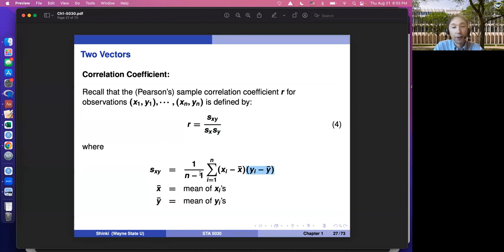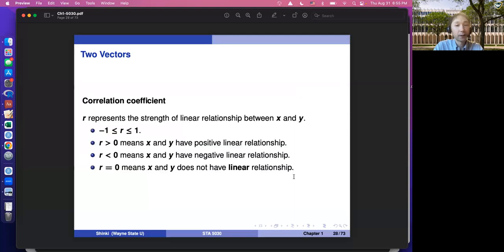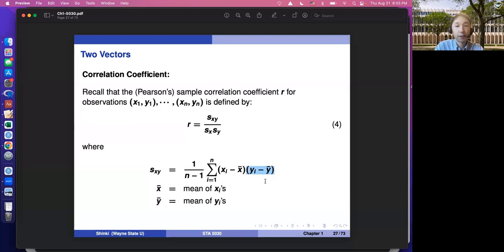That is the covariance. The reason the sample variance is a sum of squares is that we can generalize this into the concept of covariance. Here x bar is the mean of x and y bar is the mean of y.